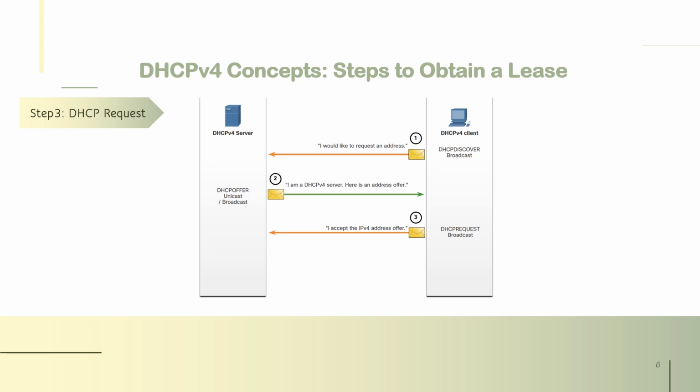Many enterprise networks use multiple DHCP version 4 servers. The DHCP Request message is sent in the form of a broadcast to inform these servers and any other DHCP version 4 server about the accepted offer.